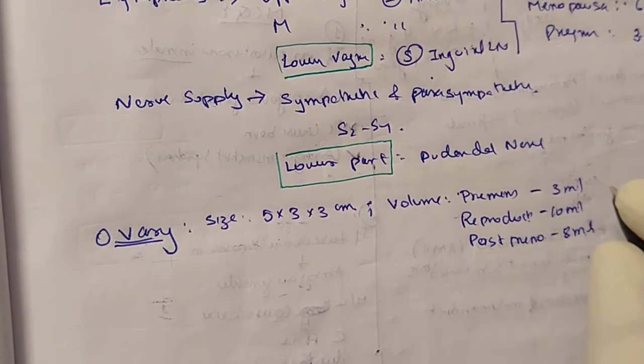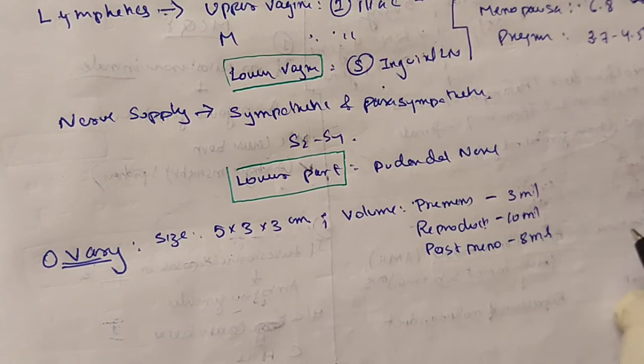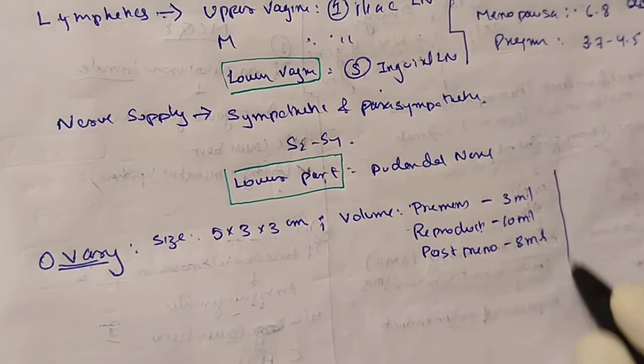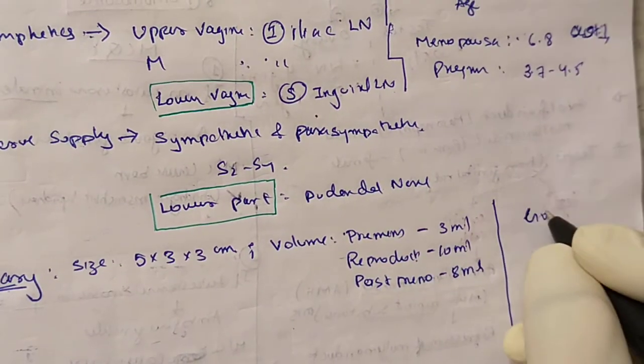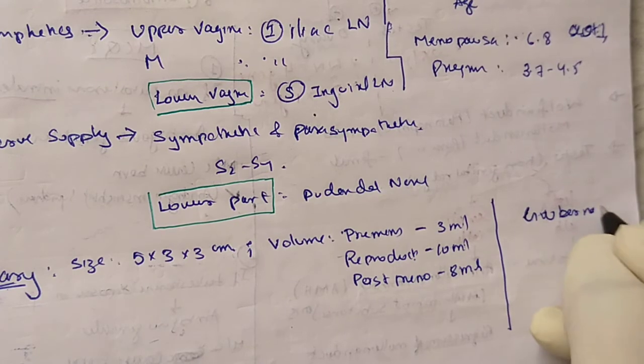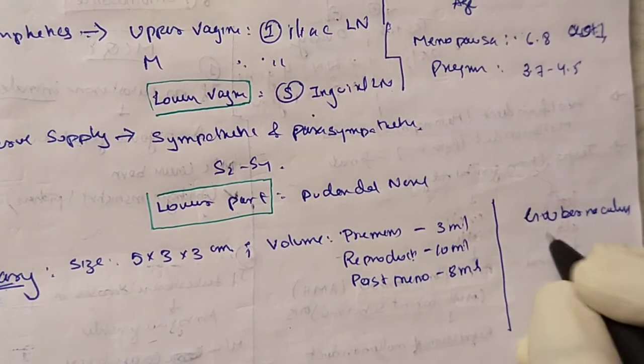Then we have how our ovaries descend. Just remember that there is something called gubernaculum, which helps in descent of the ovaries.